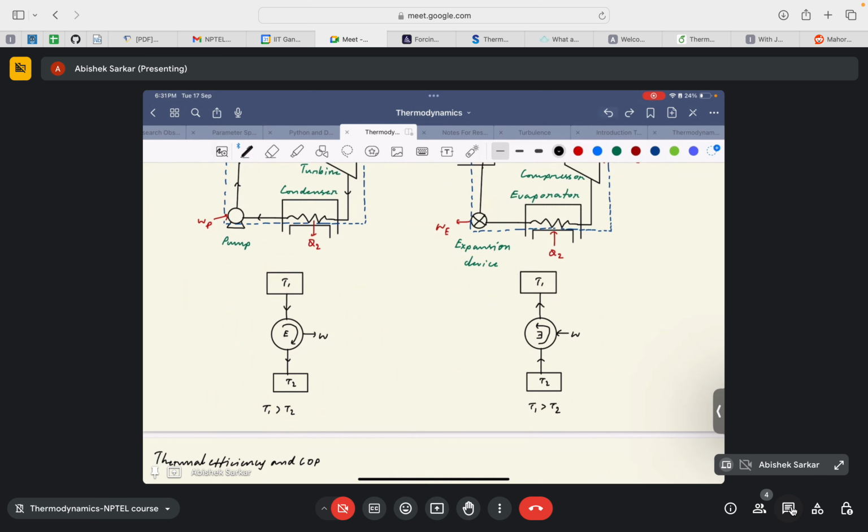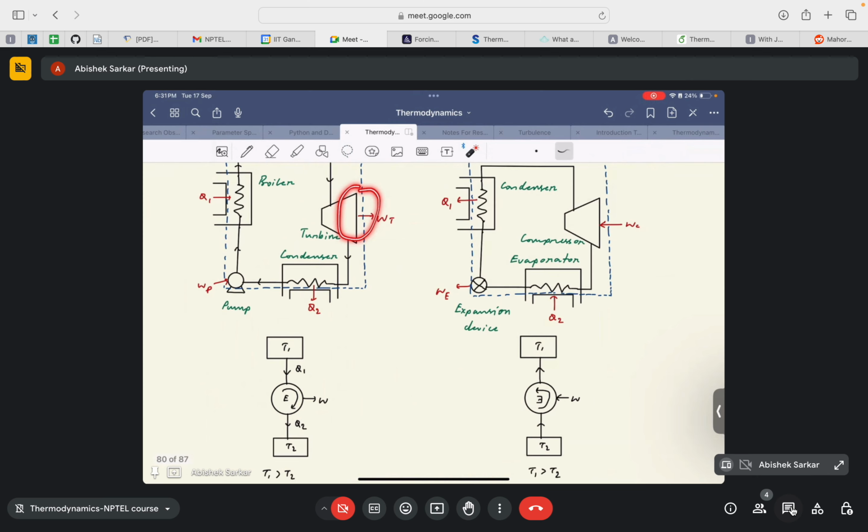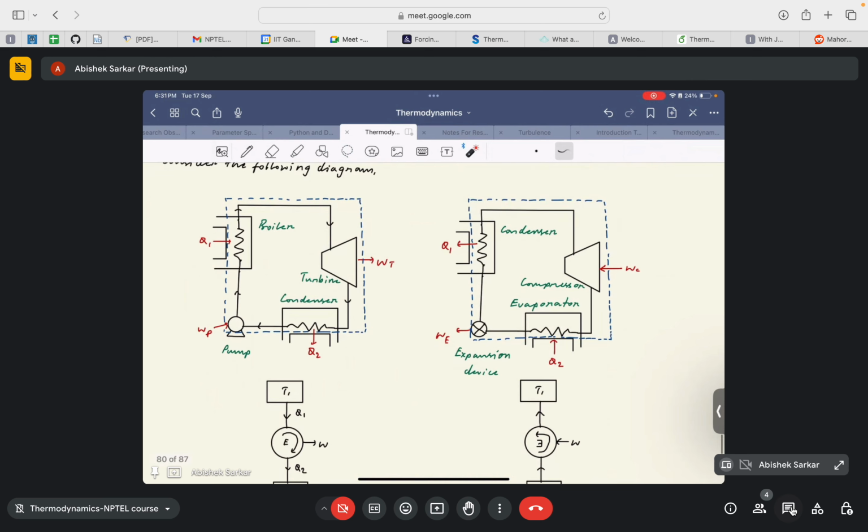The entire heat engine is reduced to this small circle denoted here, that is E, and this heat engine then produces a net work W, which is basically Wt minus Wp, the work produced in the turbine minus the work input to the pump. Usually the work produced from the turbine is much higher than the work input to the pump. Similarly, now we can denote a reversed heat engine.